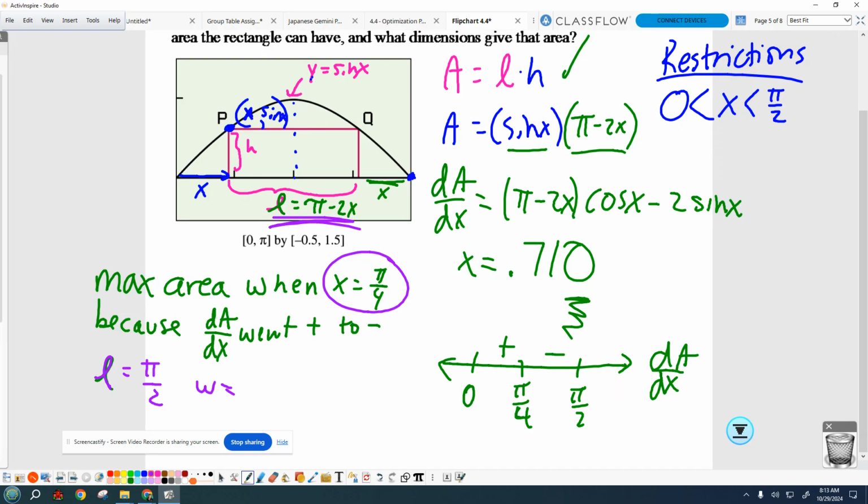The height or the width? Height is this dimension. Nathaniel, what is this dimension? Root 2 over 2. Sine of pi over 4. So what is the area? Length times height. Root 2 times pi over 4.